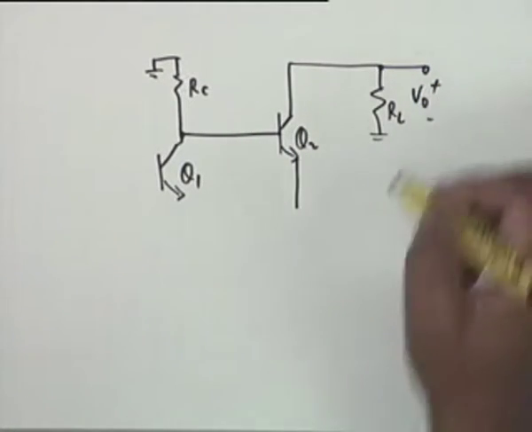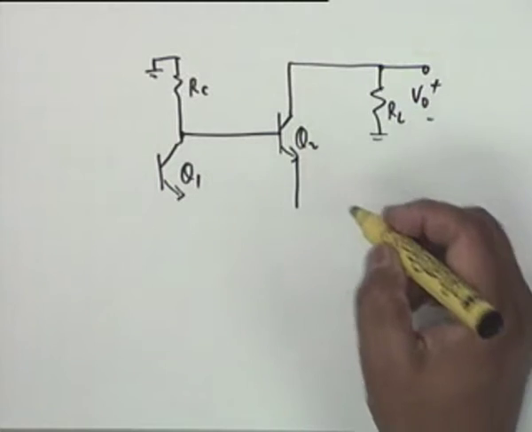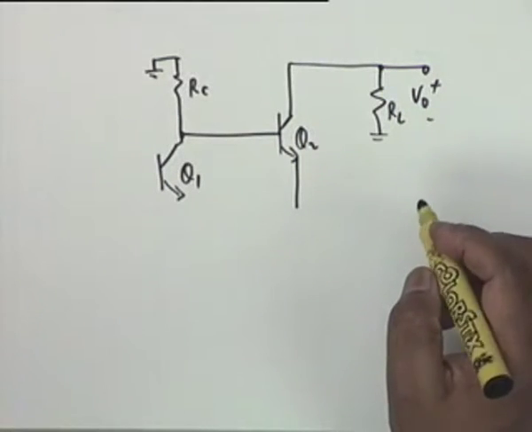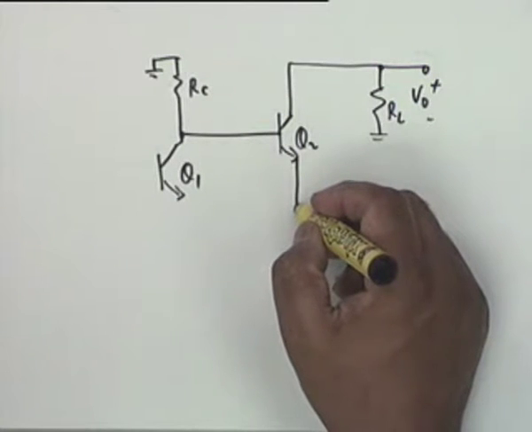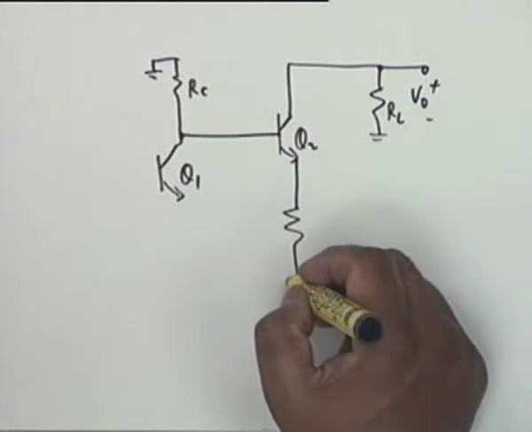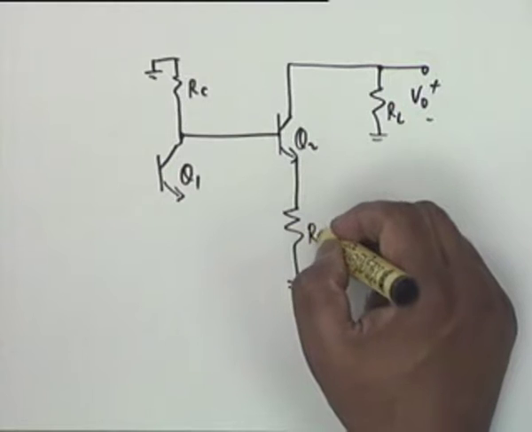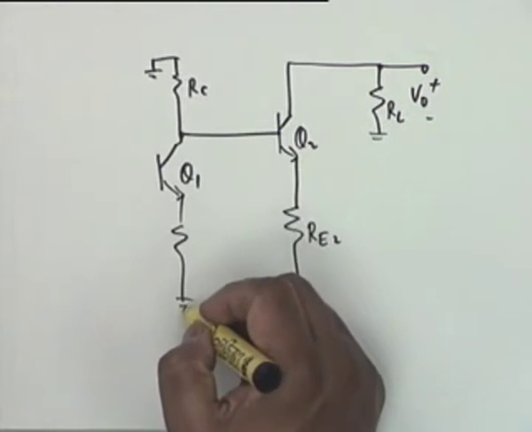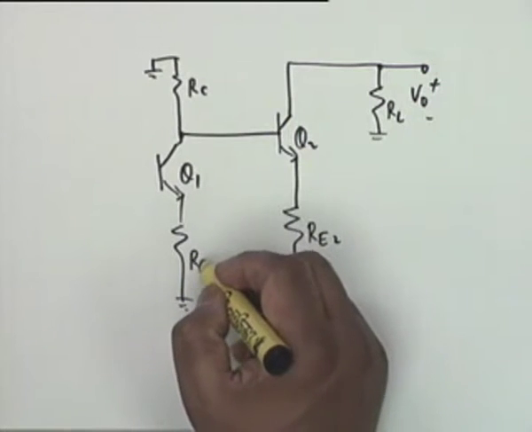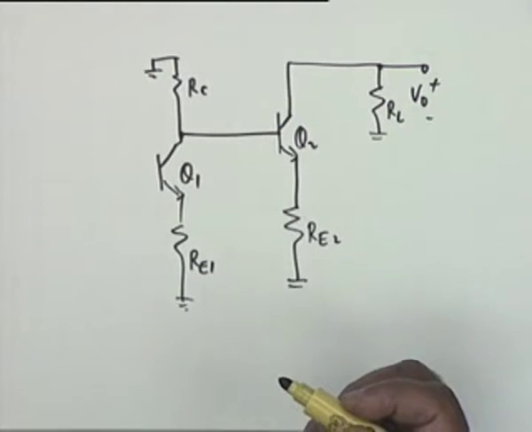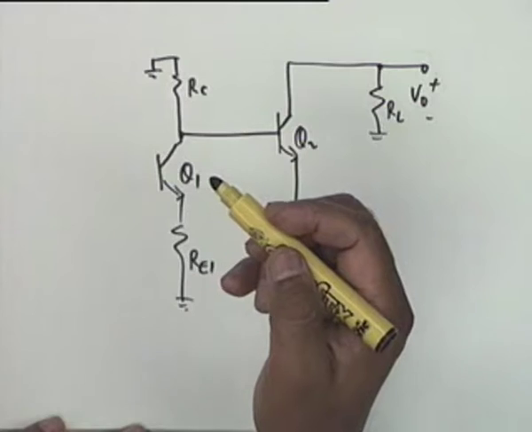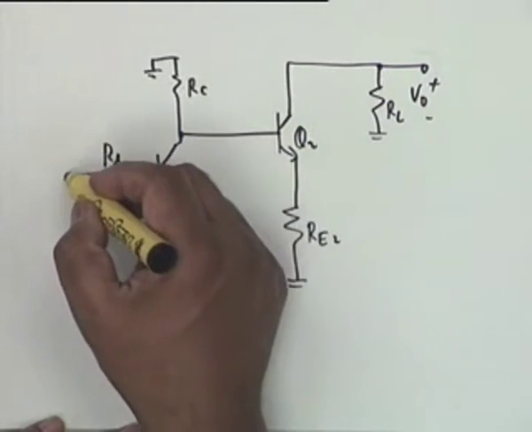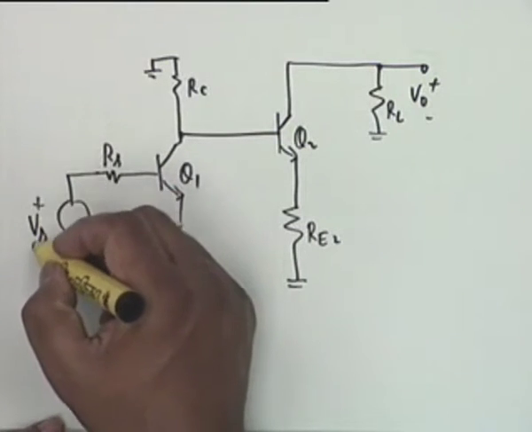This is V0, and the feedback is applied in a dual loop like this. This is RE2 and RE1. It's a slightly tricky circuit. I should not make a mistake.